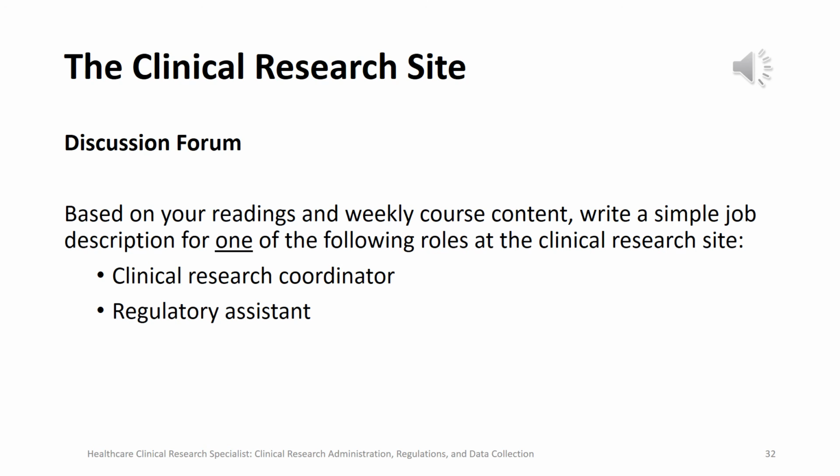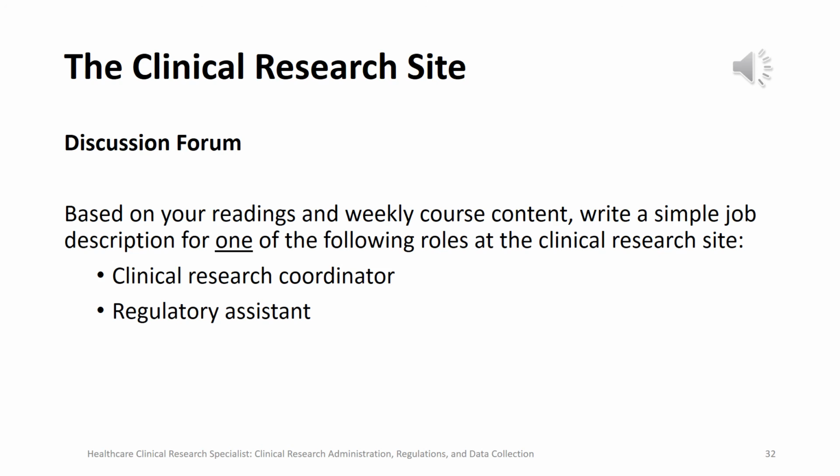So for your discussion forum this week, we've got what I think is going to be an interesting assignment for you to do. Based on the readings that you've got and the course content during this week, the lecture that you just listened to, I'd like for you to write a simple job description for one of the following roles at the clinical research site, either the clinical research coordinator or the regulatory assistant.